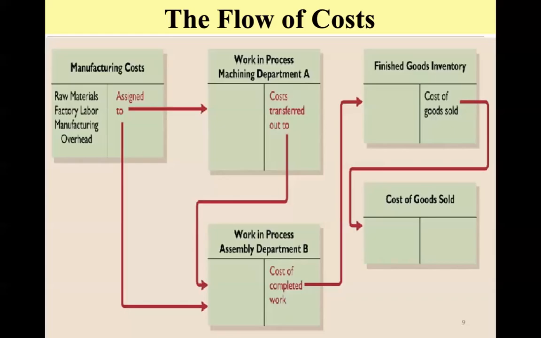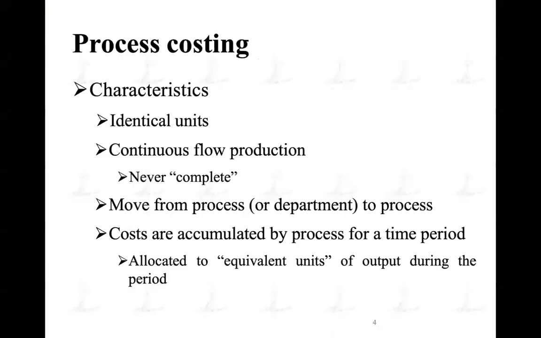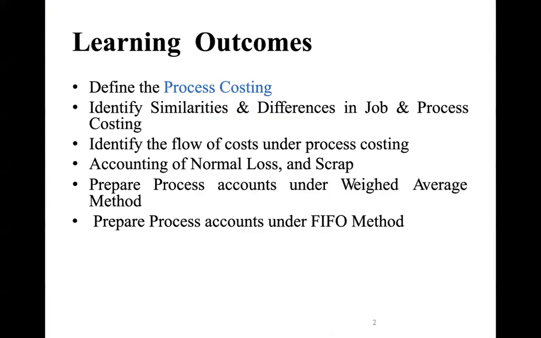So in this lecture, what we covered were, we learned about the definition of process costing. Then we talked about the similarities and differences of job and process costing. Then we identified the flow of costs under process costing. Then we learned how to keep the double entries.